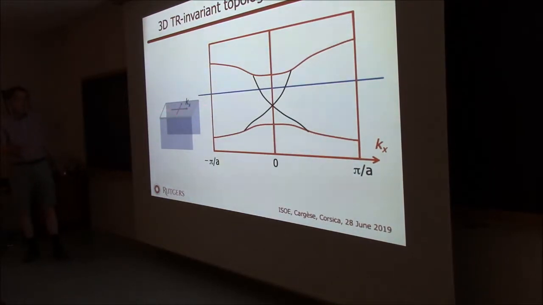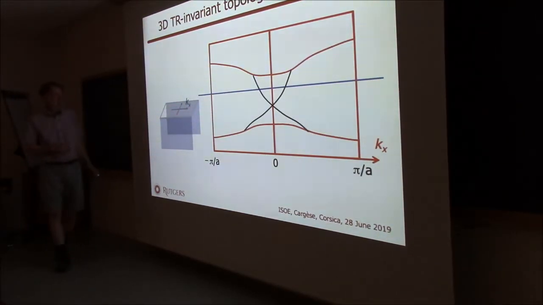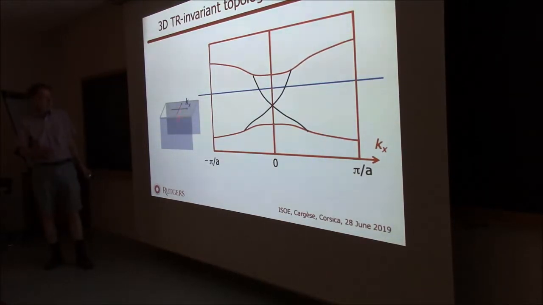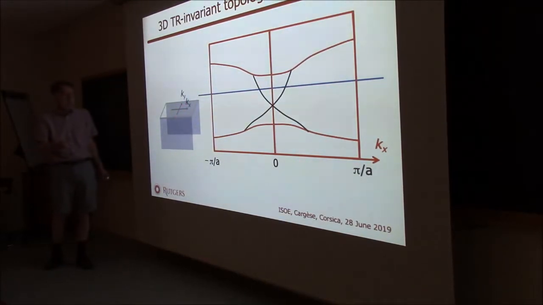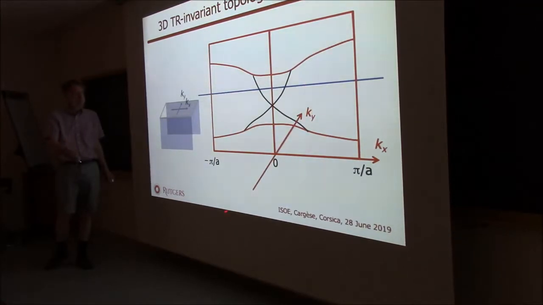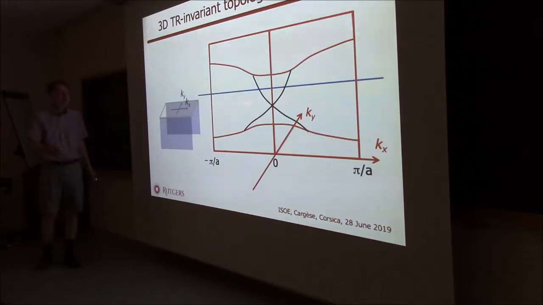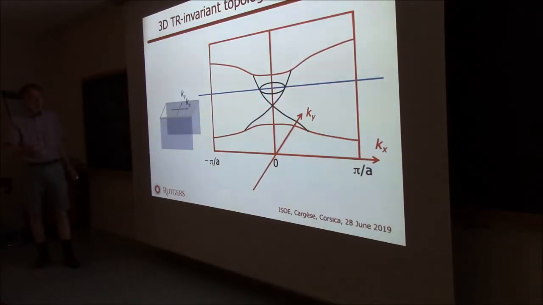Because along that direction, you basically have a two-dimensional time reversal symmetric bulk, if you like. If I plot in the ky direction, I also have bands that behave similarly in the ky direction.